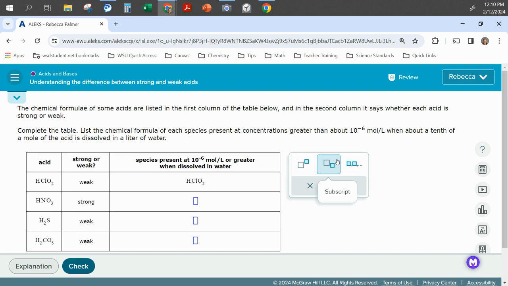So because it's weak, some of that will stay. It's not strong enough for all of them to break apart. And then we're also going to get H+. So some of it will break apart into H+, and then the conjugate base, ClO2-. And then we'll also have water.